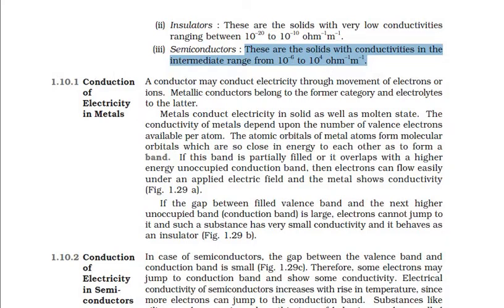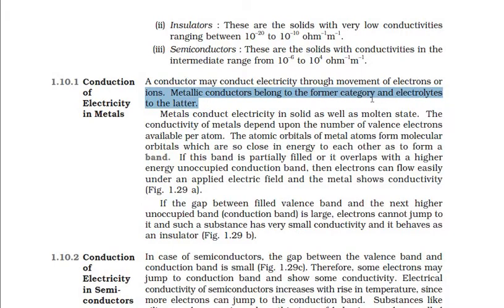Now how do they conduct electricity? A conductor may conduct electricity through the movement of electrons, because the electron is a charge carrier, or the ions. An ion carries a charge, so ions or electrons have positive or negative charge. Metallic conductors belong to the former category and electrolytes to the latter.